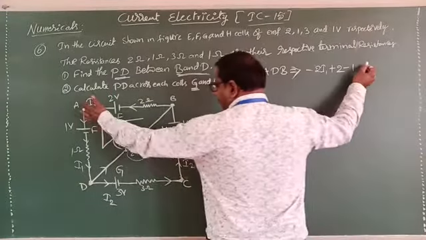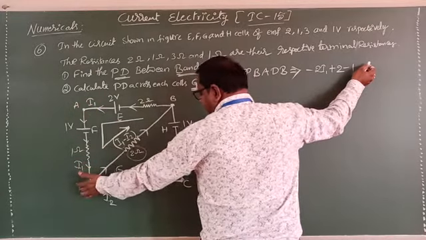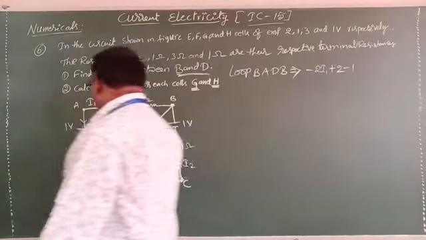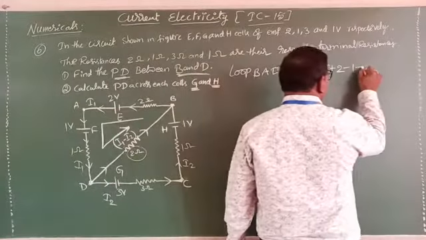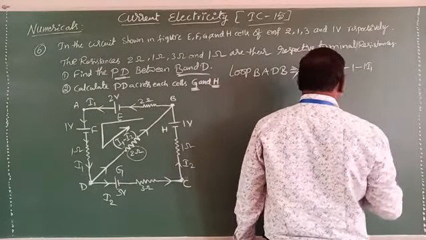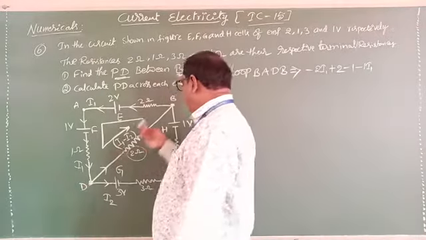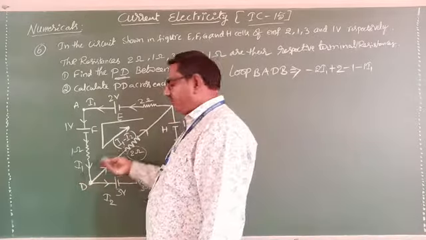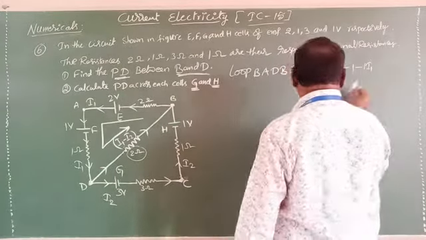Now you are moving from A to D, and the current also comes in the same direction. Then you write it with a negative sign, that is minus 1 into I1. Now you are also moving from D to B, and the current is also moving from D to B. Then what can you write?